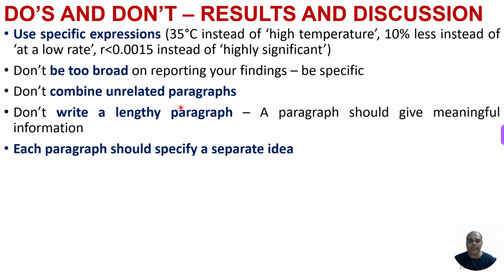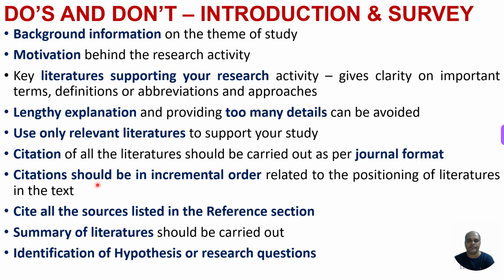Don't write a lengthy paragraph. A paragraph should give meaningful information, and each paragraph should specify a separate idea. So these are the things we need to take into consideration while writing the results and discussion section.